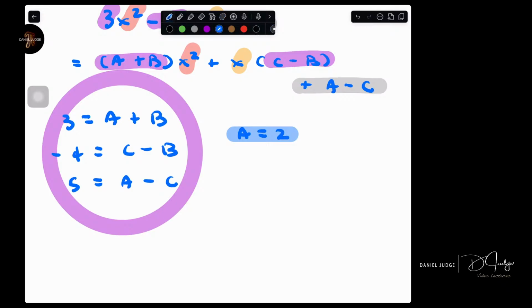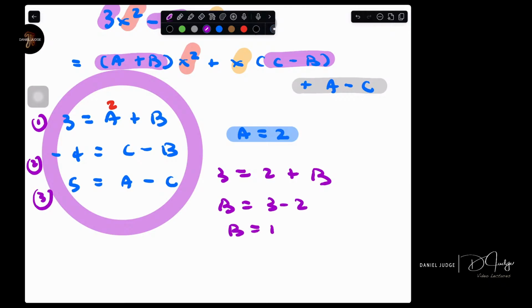Now, if a is 2, take a look at our equations. We've got the first, the second, and the third. a is the number 2. What that gives us is 3 equals 2 plus b, or b will be 3 minus 2, which means b equals 1. So we have the value for b. We just need c. Now, we could use any equation.